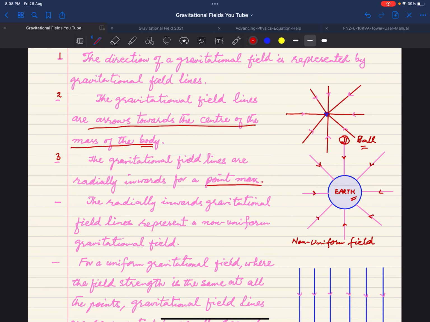Suppose you have earth and moon, then the masses are big, but as the distance between the two is big, we can say that these two act as point masses.